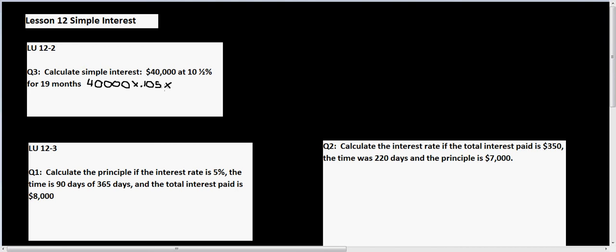So let's take a look and see what this would be. Just for the year, 40,000 times 10.5% is going to equal, let's just compute this out, $4,200.